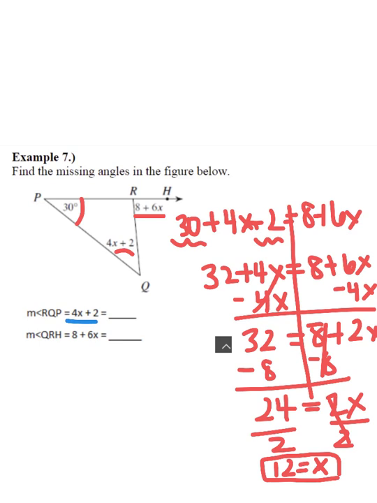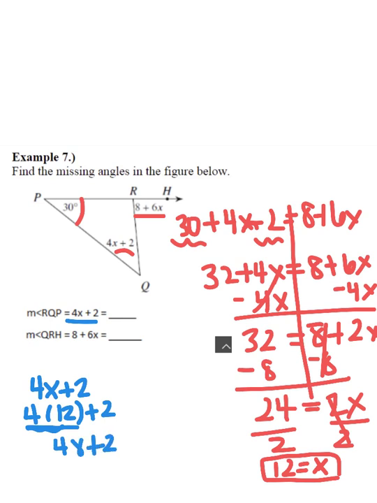So 4x plus 2 would be 4 times 12 plus 2. 4 times 12 is 48 plus 2 would be 50. So this angle here is 50. 50 plus 30 is 80. So this outside angle here better end up being 80.